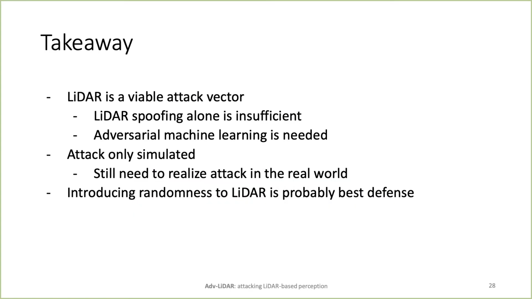Some of the takeaways are that LiDAR is probably a viable attack vector that could be used to attack these autonomous vehicles, but that spoofing alone isn't going to be enough; you probably are going to need to use these kinds of adversarial machine learning techniques.